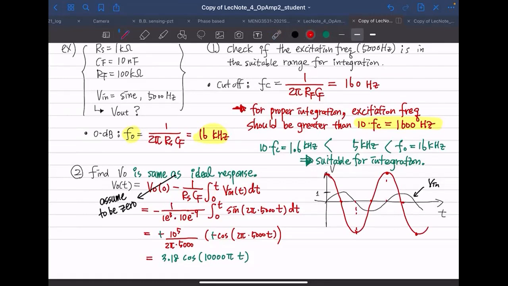And it starts with a value at 3.18, right? Because our amplitude was 3.18 and this is a cosine.